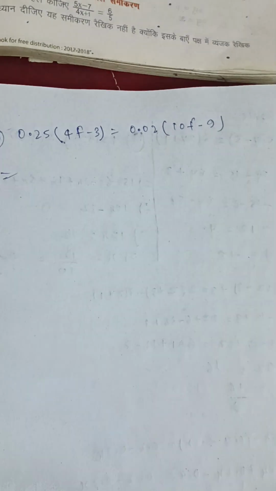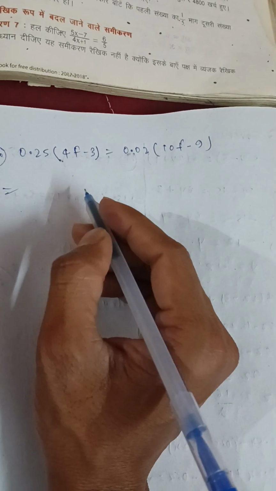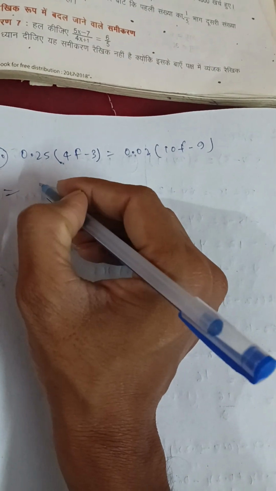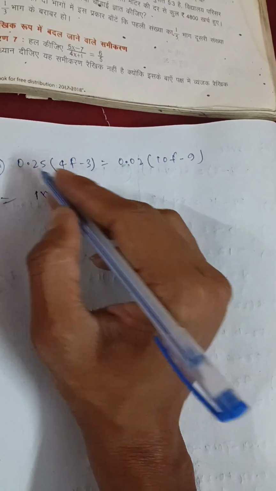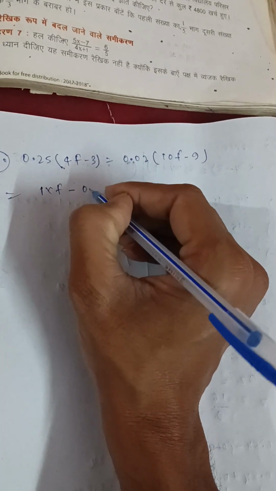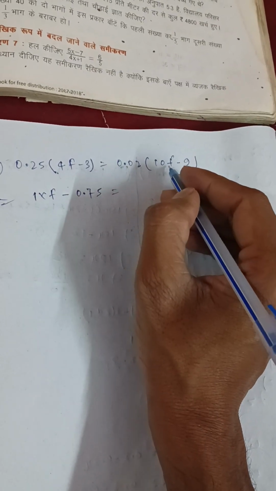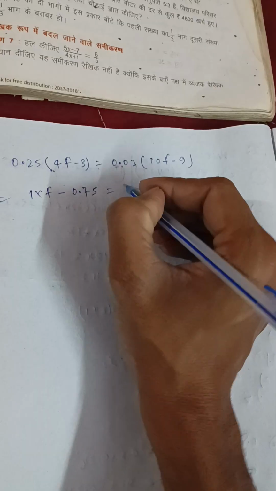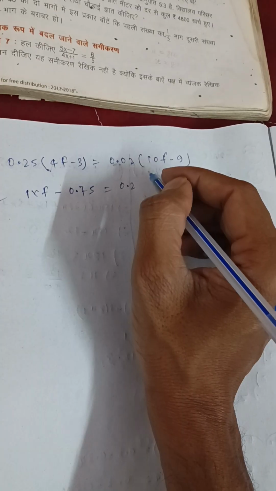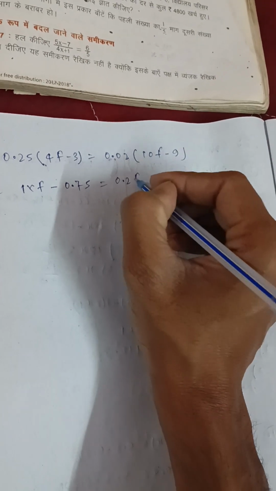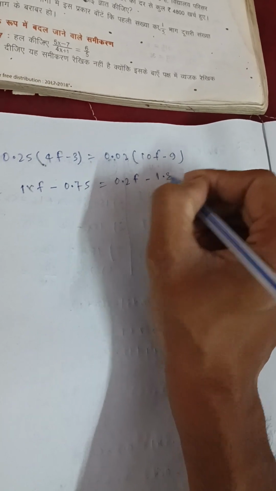So 0.25 into 4 equals 1, so 1 into f, and minus 0.25 into 3 equals 0.75, and 0.02 into 10 equals 0.2, so 0.2f, and minus 1.8.